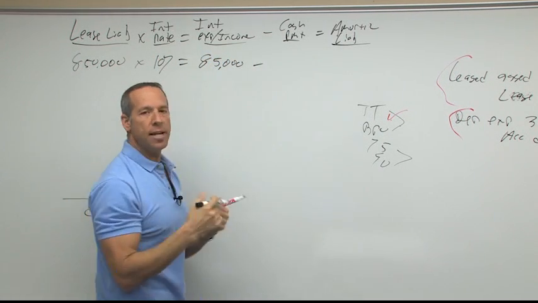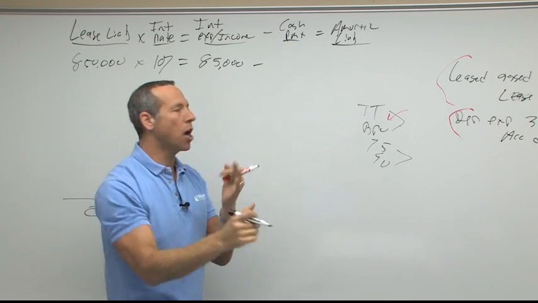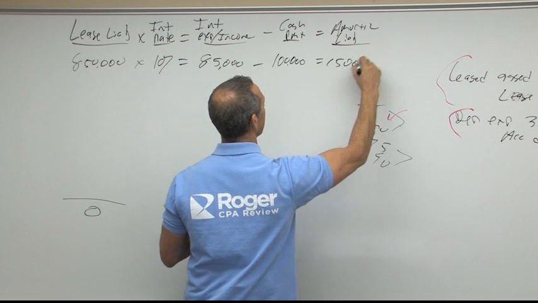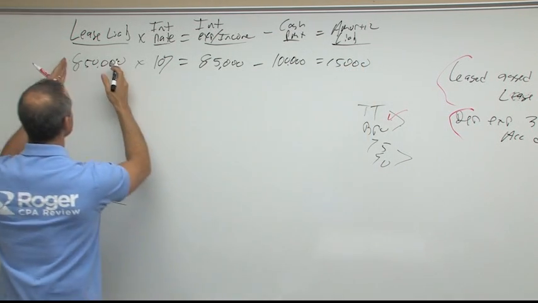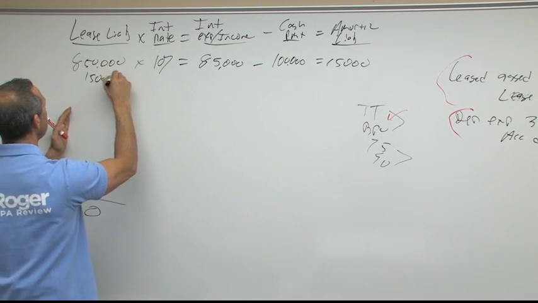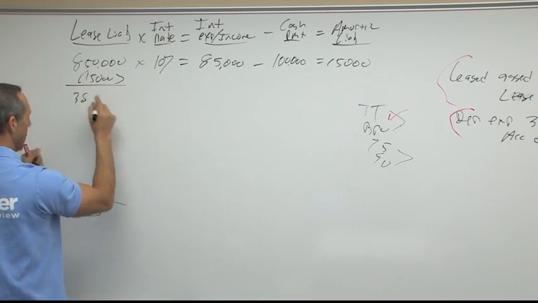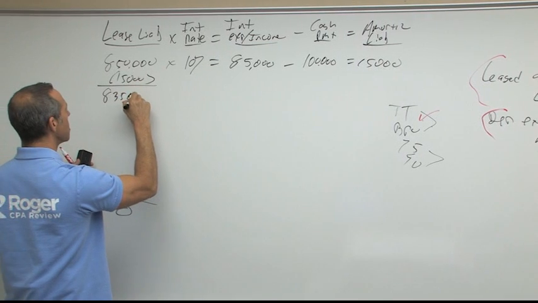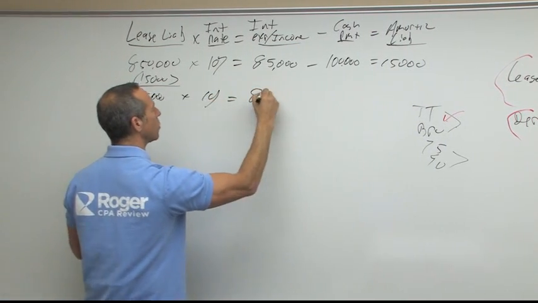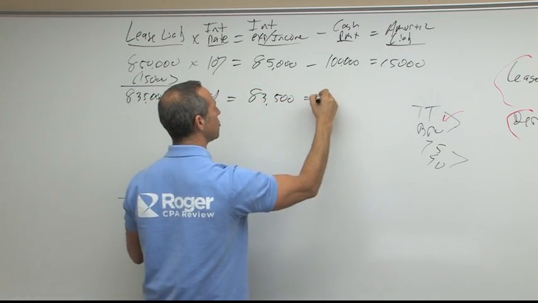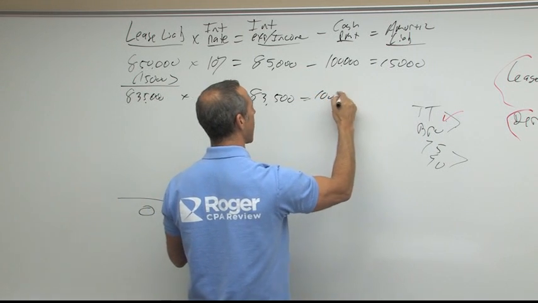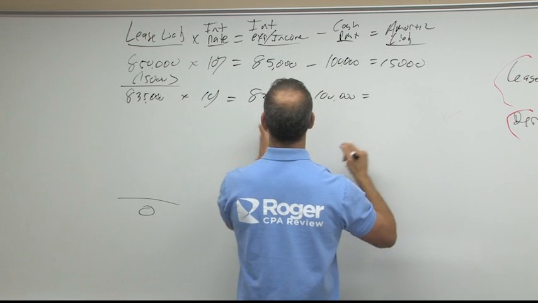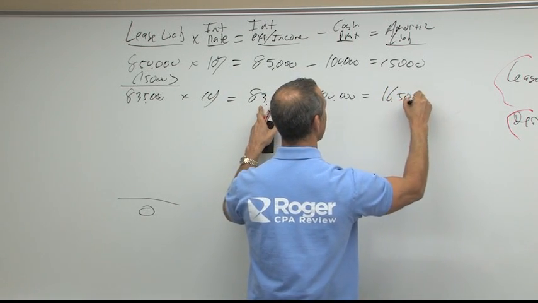The cash payment is we're paying $100,000, $100,000, $100,000. So we're paying $100,000 a year, which leaves $15,000. Now remember, this has to get smaller. So take out the 15, gives us 835. Times 10% equals 83,500 minus 100,000 equals about 16,500.